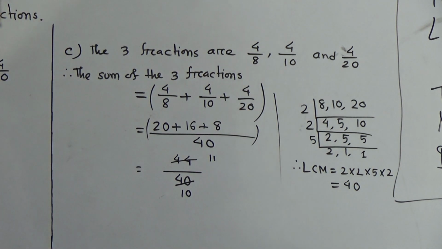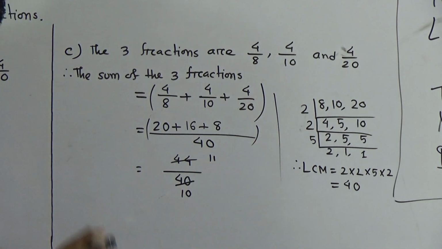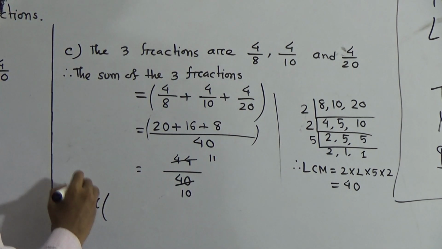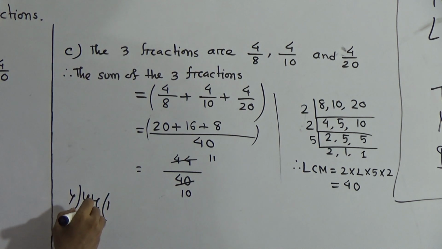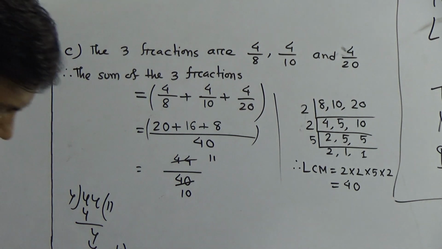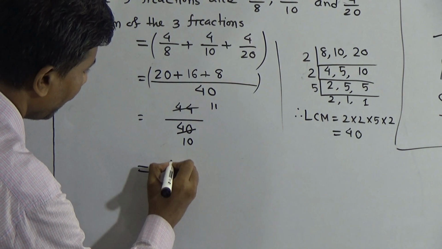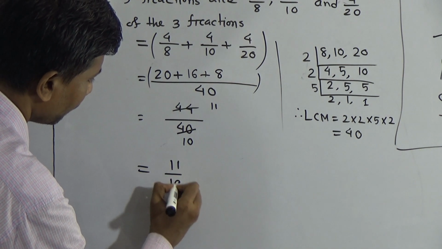Look student, divide 44 by 4, then we get 11. 4 ones are 4, 4 ones are 4, okay, that means 11. Similarly, divide 40 by 4, we know 4 tens are 40, okay. That means we have got here 11 by 10.